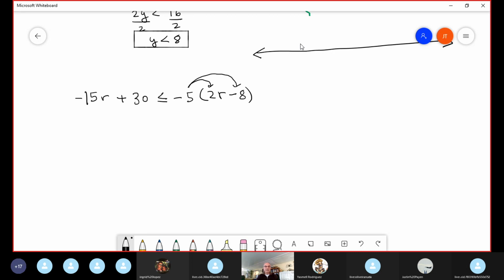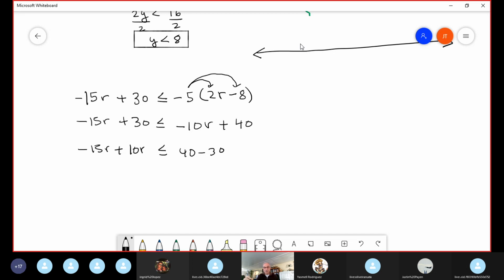Always remove parentheses. Negative 15R plus 30 less than or equal to negative 10R plus 40, because negative 5 times negative 8 is positive 40. Now remember the variable to the left. Negative 15R plus 10R less than or equal to 40 minus 30. Anyone follow me?